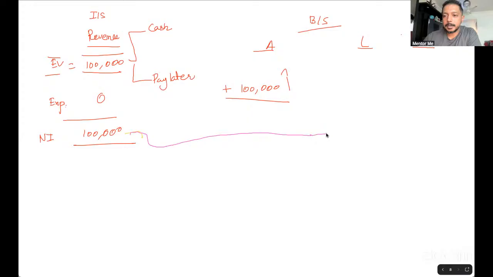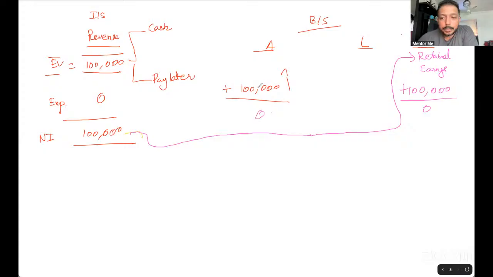From here, the net income goes all the way into retained earnings. Retained earnings is a part of equity. So equity has two parts: contributed capital, the initial money that I'm putting in the business, plus every year the profits which come go to retained earnings. So out here, since there was no expense, plus 100,000. So the balance sheet is again tallied. Understood here? One scenario.